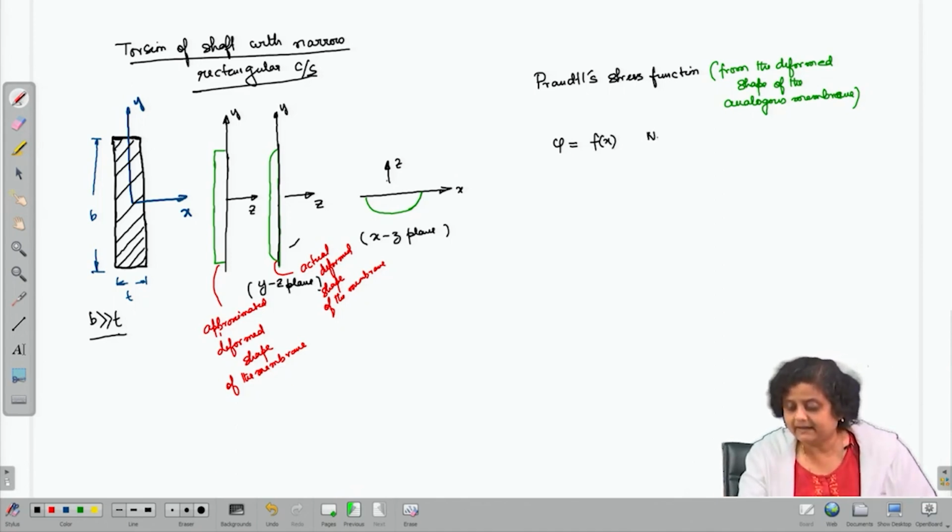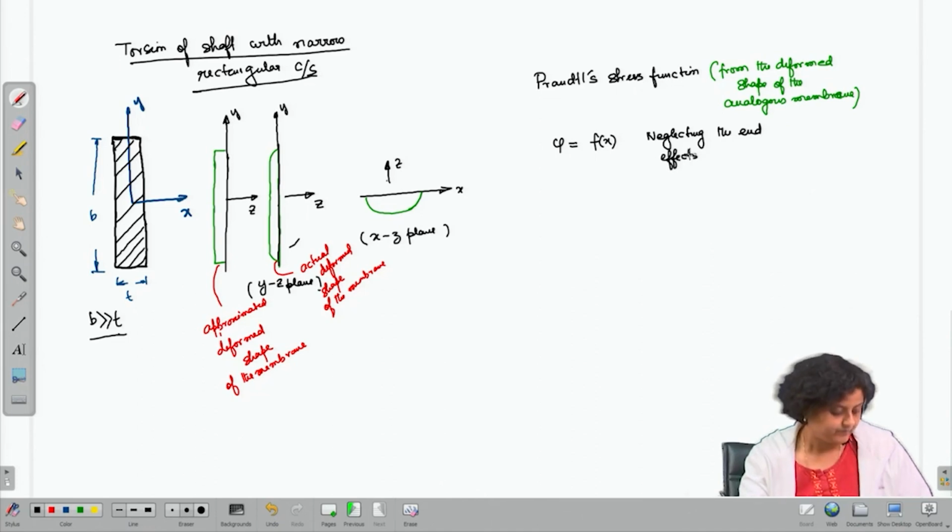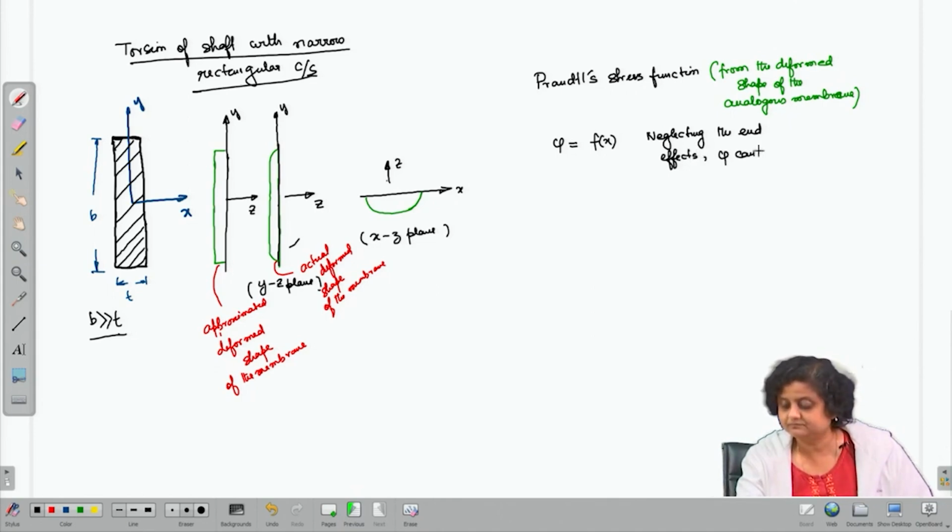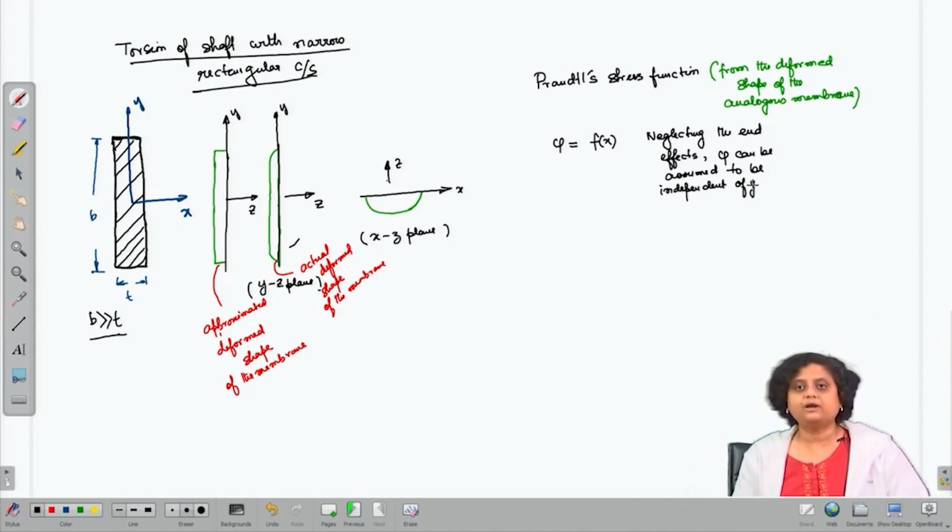So, neglecting the end effect, the approximated deformed shape is constant, and it is not changing with y.